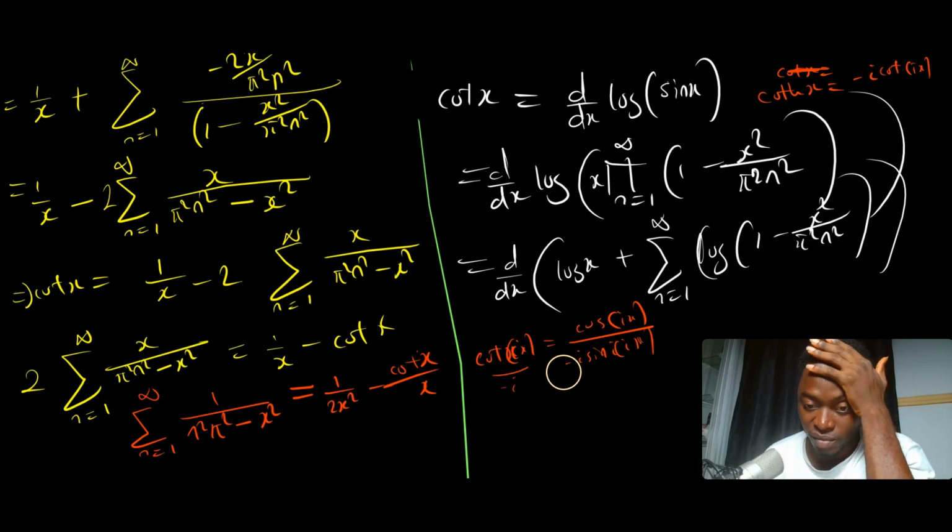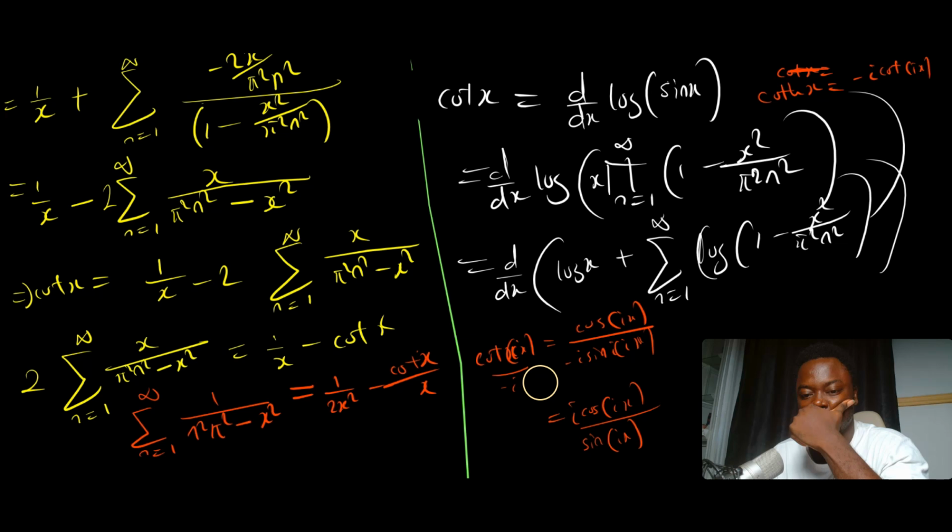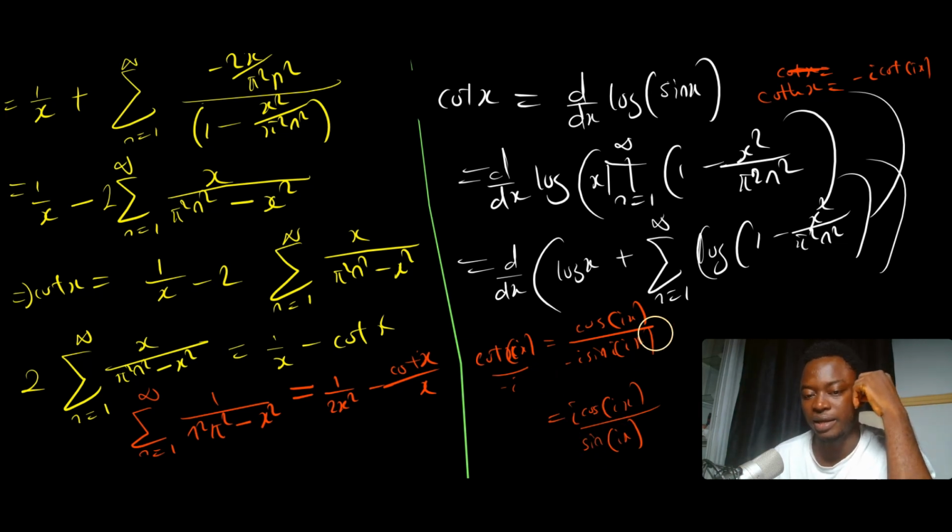So if you do multiply top and bottom by i, it will be i cosine of ix divided by sine of ix, which is going to be i cotangent of ix, and if you multiply by negative i, you get cotangent of ix.